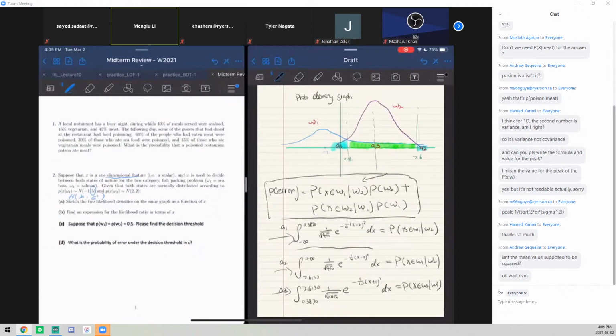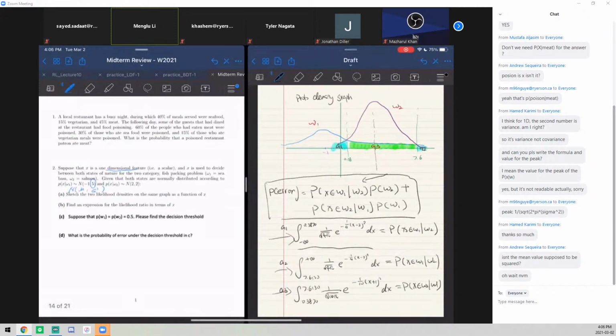We just plug all the equations together. I'll write it here. For the first one, we know P(w1) and P(w2) are 0.5. So here we do 0.5 multiplied by the integral. I just write A1 for simplicity.